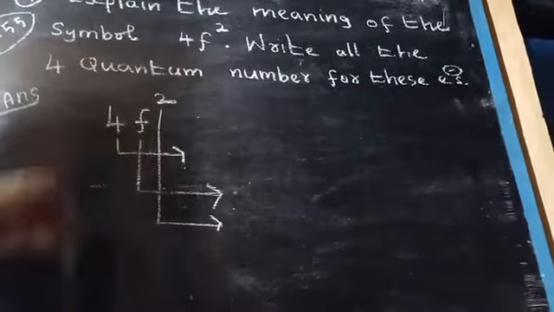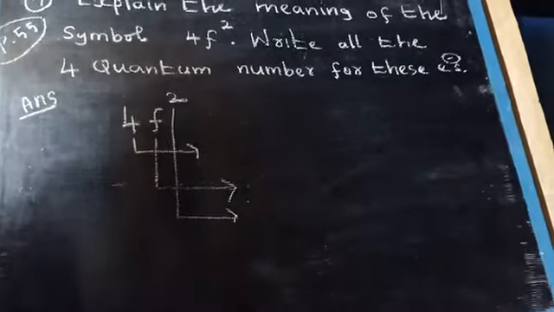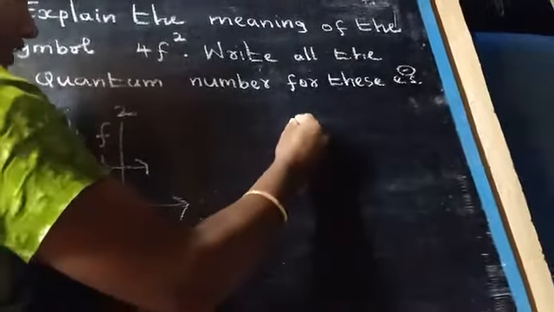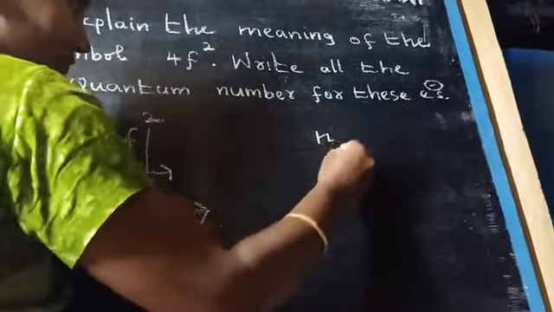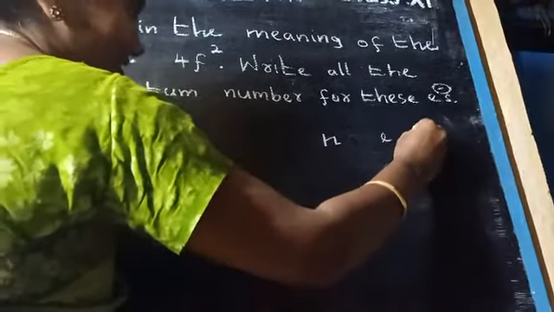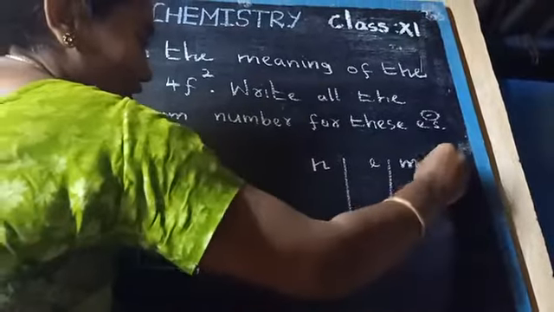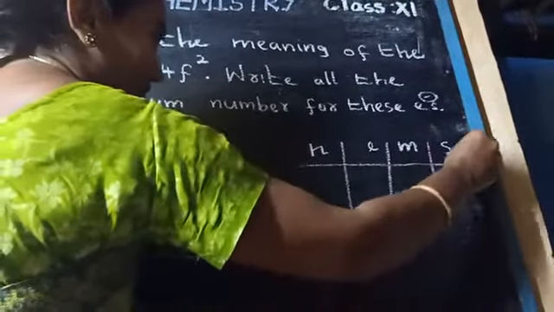And next, write all the 4 quantum numbers. Do you know what the 4 quantum numbers are? N, L, M, S. These are the 4 quantum numbers.